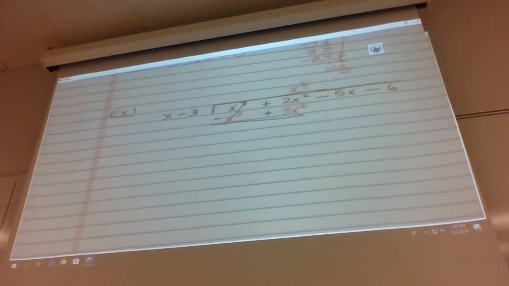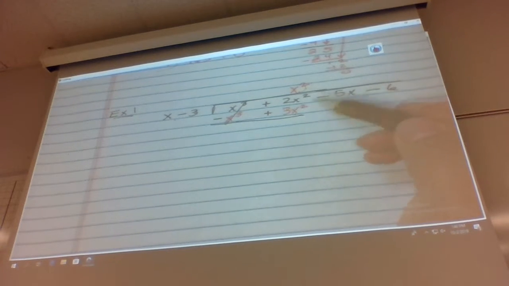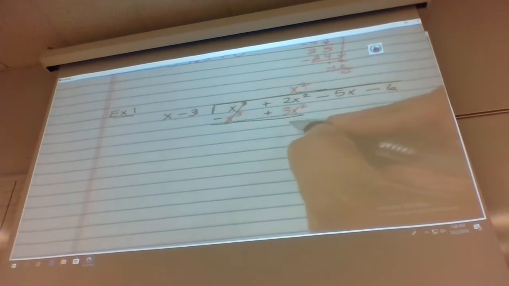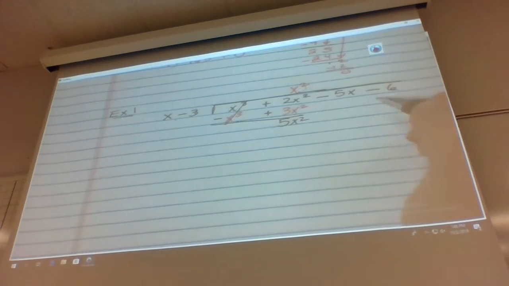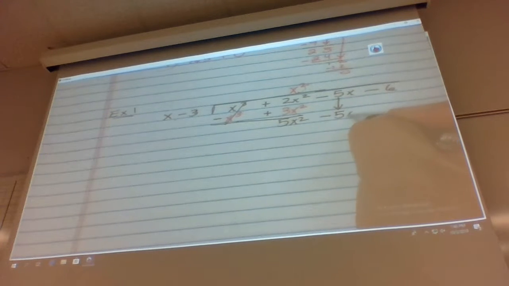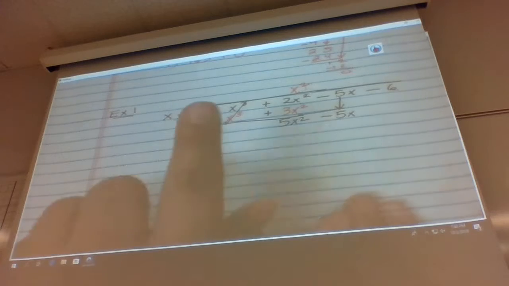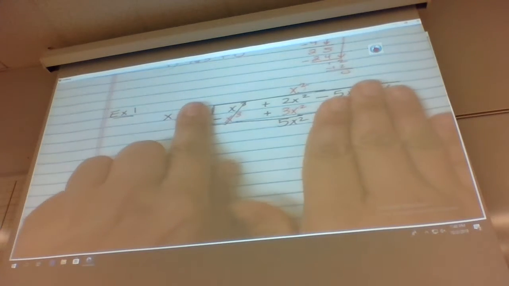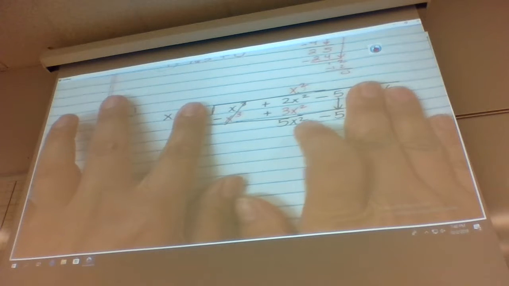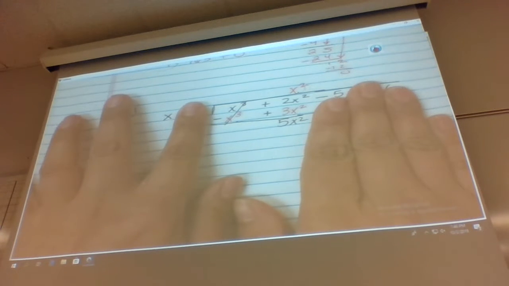Now, what is 2x squared plus 3x squared? 5x squared, but don't forget, you bring down the next term right there. Just the way we brought down the 5 and the one on top, you bring down the 5x here. Now, once again, you only care about the first one. So what times x is going to give me the 5x squared? 5x. Okay. So it's 5x. Then x times x is x squared.